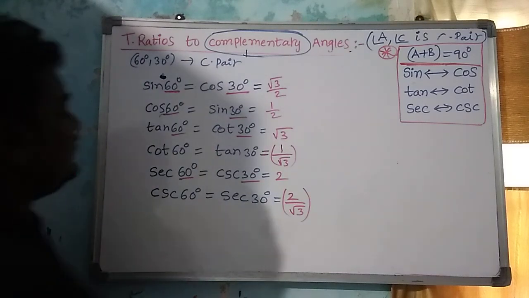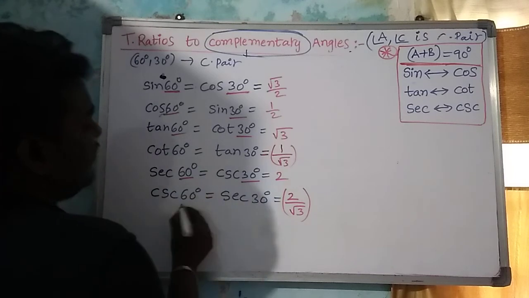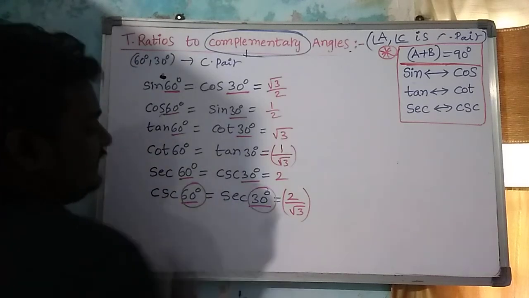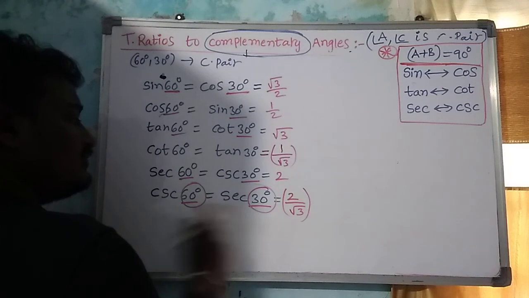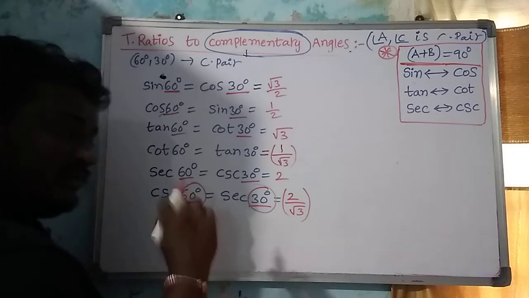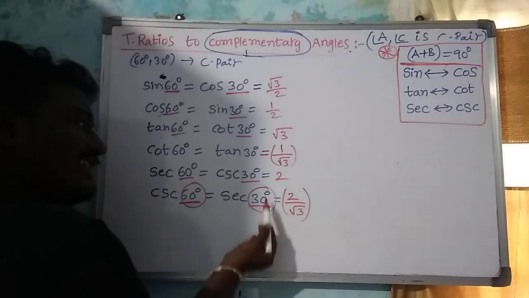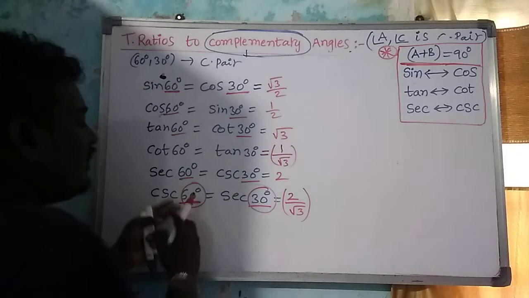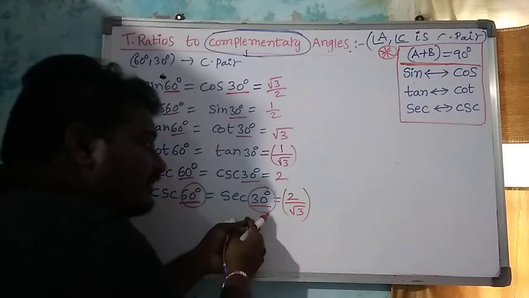In both of the angles, you can observe 60 plus 30 is 90. That means this total sums to be 90. One part of 90 is here, another part of 90 is here. We are dividing 90 into two parts. One part will be here and another part will be here.